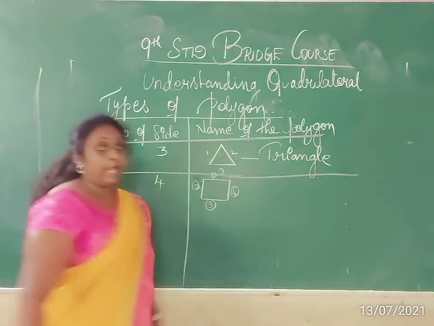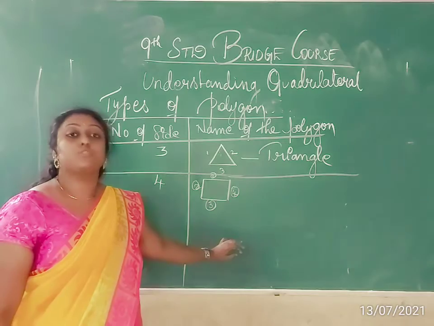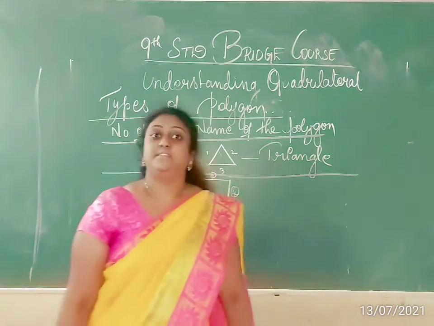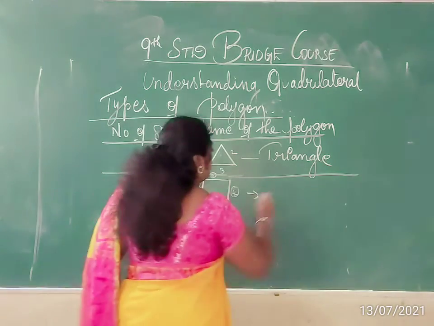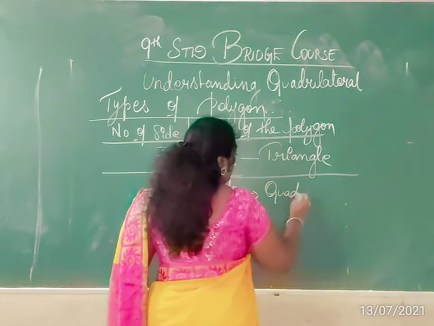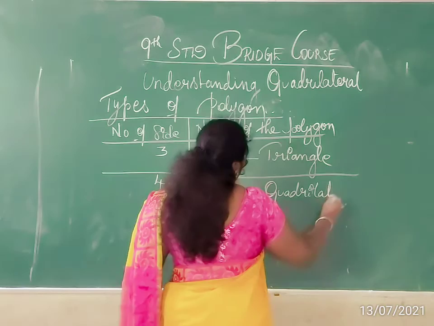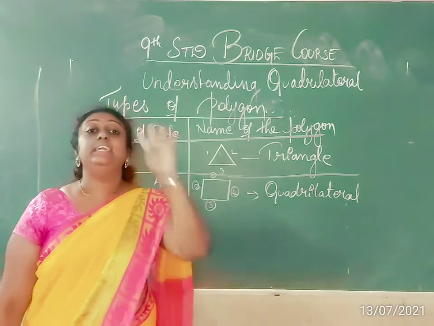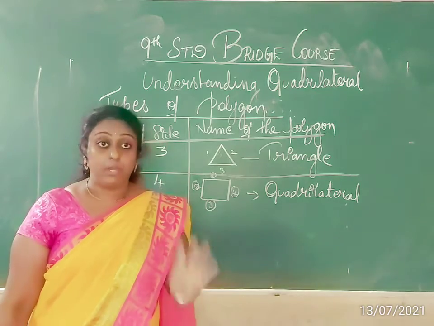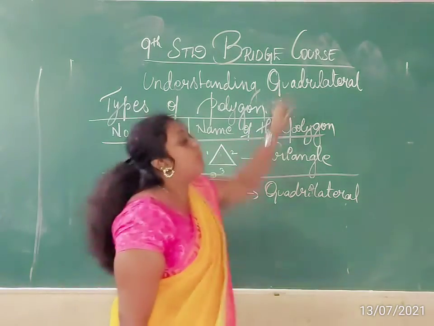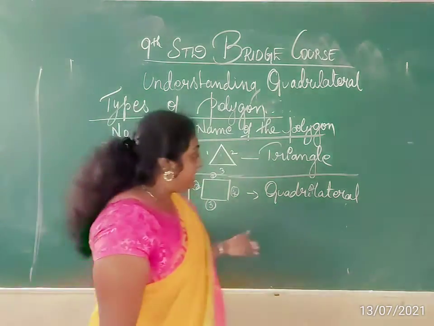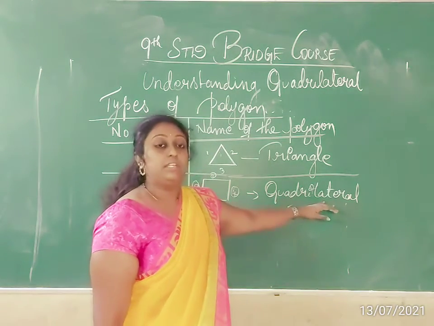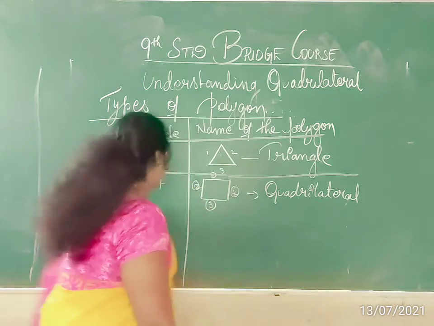But here I am not going to use the word square. I will use the word quadrilateral. That means a 4-sided closed polygon is said to be your quadrilateral. Once I complete this, I will tell separately what are the different types of quadrilateral.